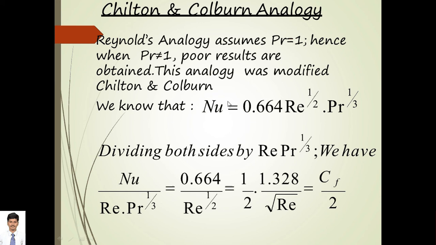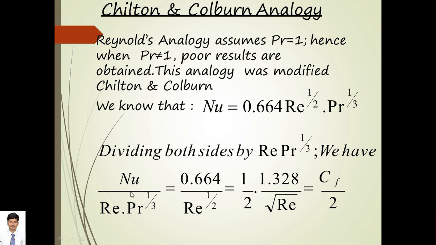As we know that Nusselt number is equal to 0.664 Reynolds number raised to 1 by 2 Prandtl number raised to 1 by 3, dividing both sides by Re Pr raised to 1 by 3. So Nusselt number divided by Re Pr raised to 1 by 3 is 0.664 Re raised to minus 1 by 2, that is 1 upon 2 into 1.328 by square root of Re, which is equal to Cf divided by 2.